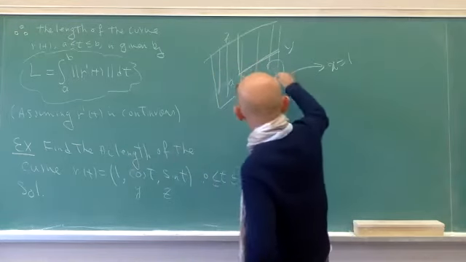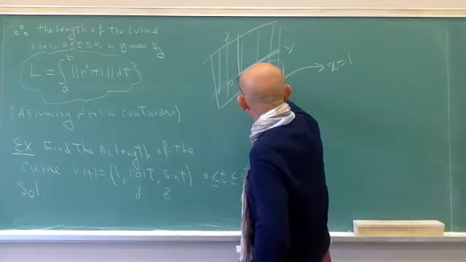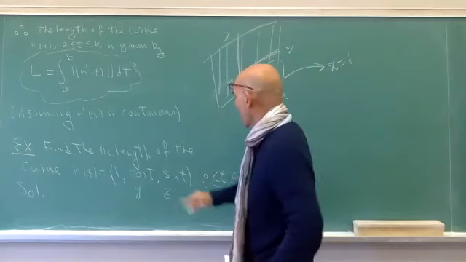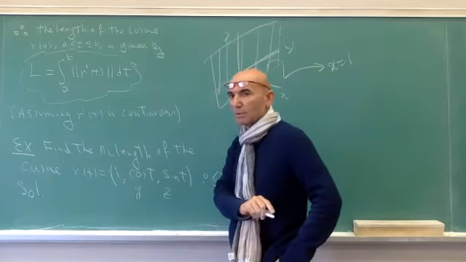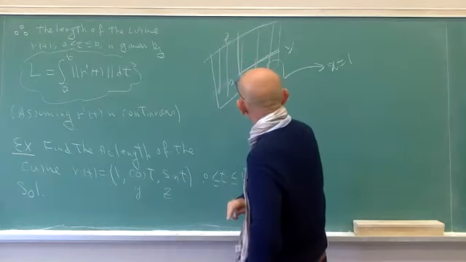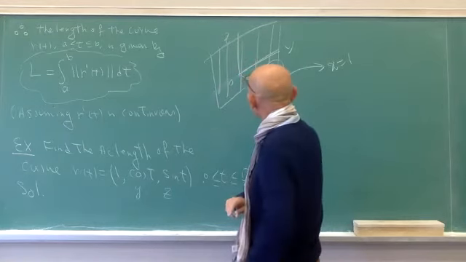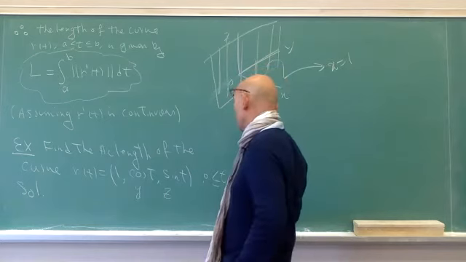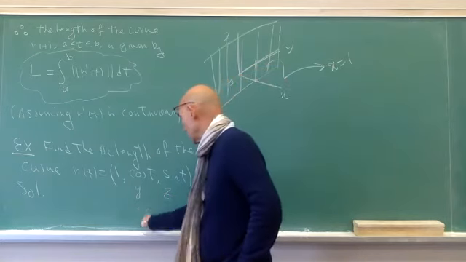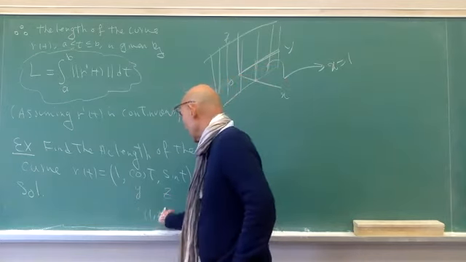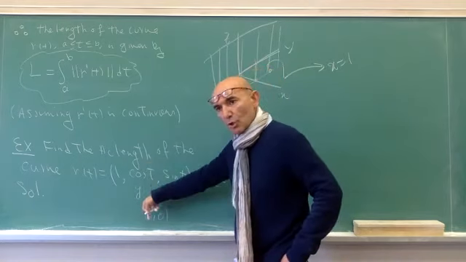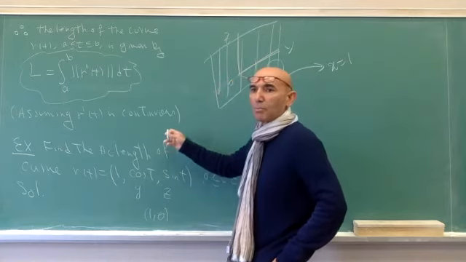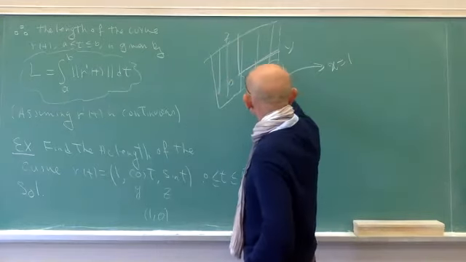If t is equal to 0, where does the curve start? Well, if t is equal to 0, you have 1 and 0. So the curve starts here. And as you move up in t, the y magnitude goes down and the z magnitude goes up, right? So this goes like this.